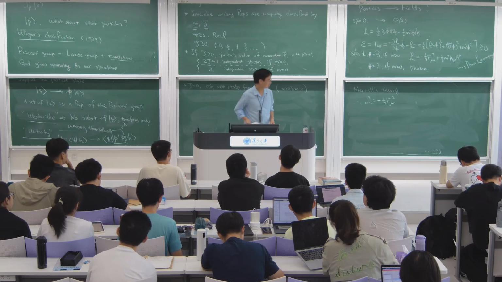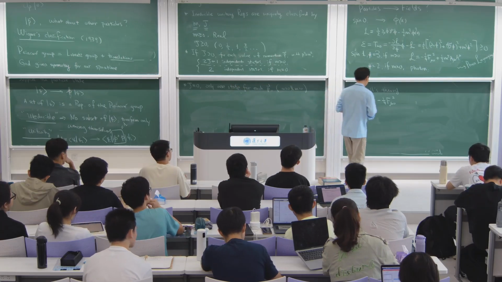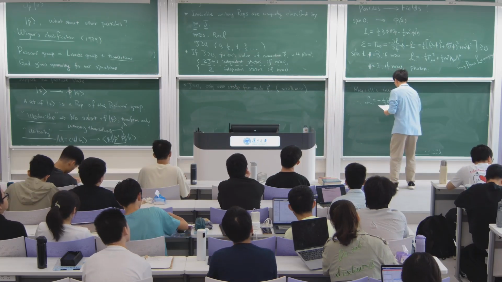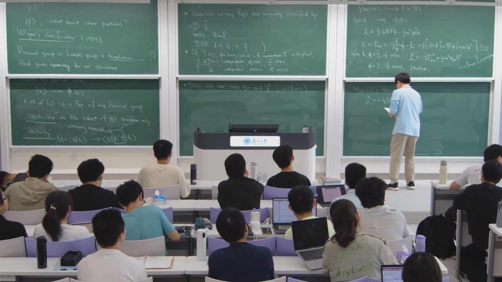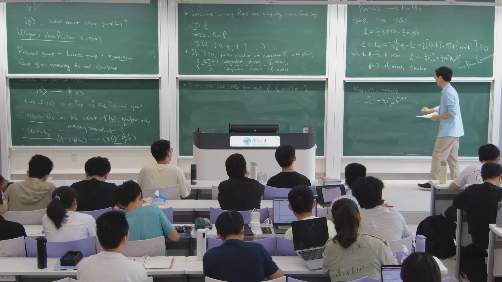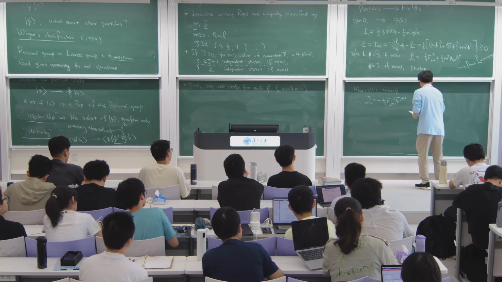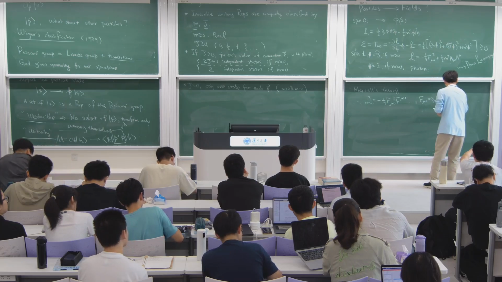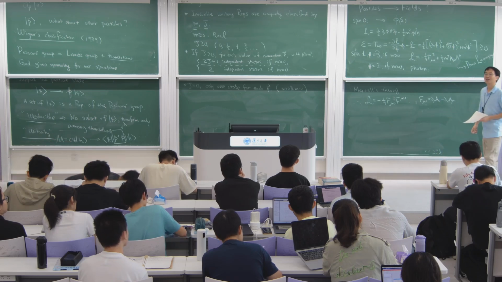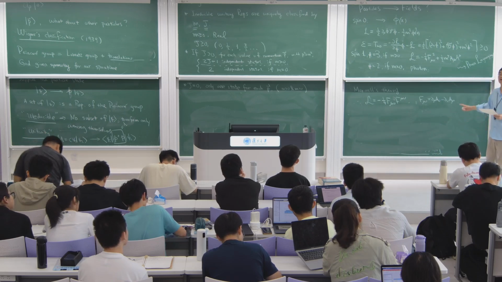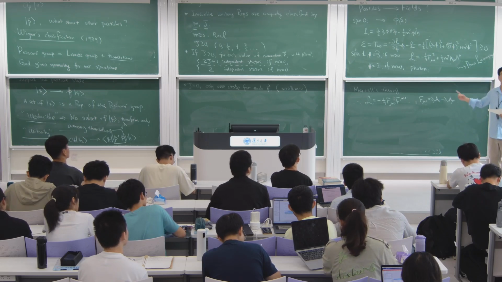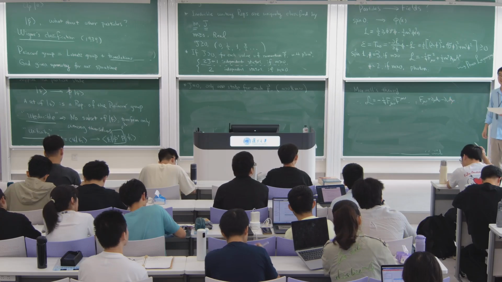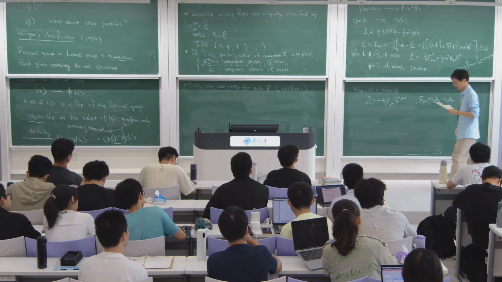So this is Maxwell's theory, more precisely, this one. And what is F mu nu? F is called the field strength. A is called the gauge connection, or the vector field, if you like.